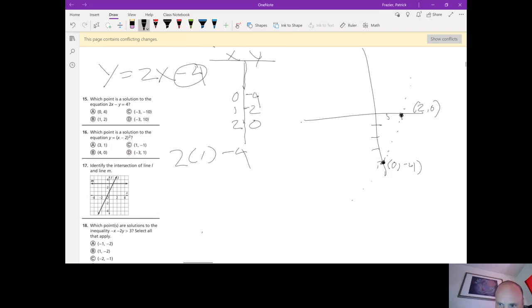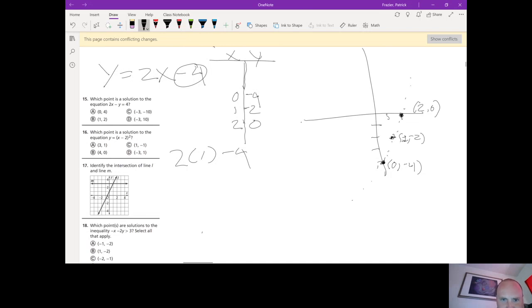So when x equals 1, y equals negative 2. Okay, so that's another point. X equals 1, so 1 goes first, that's the x, and then y goes next, that's negative 2.